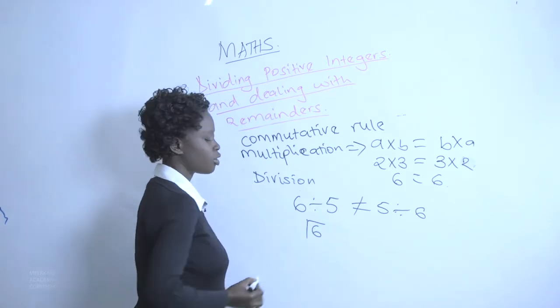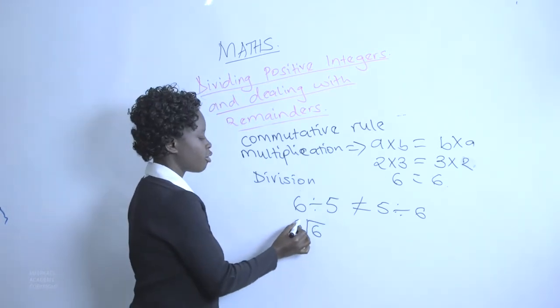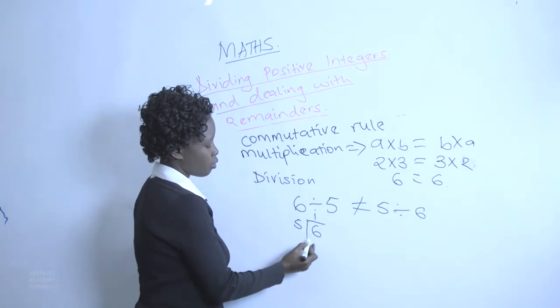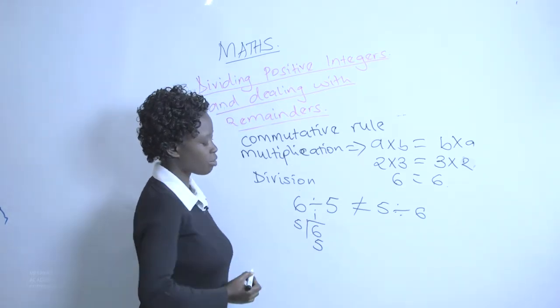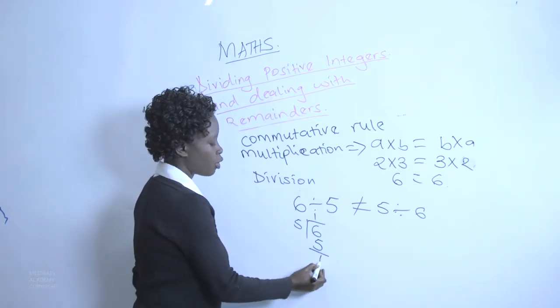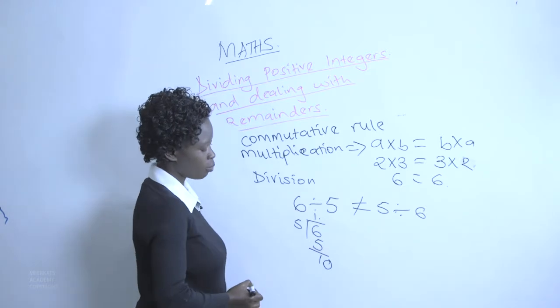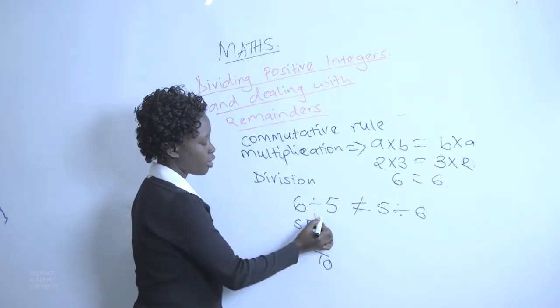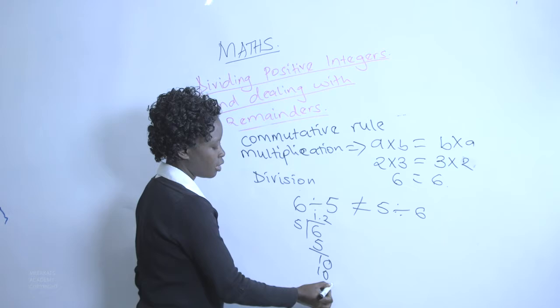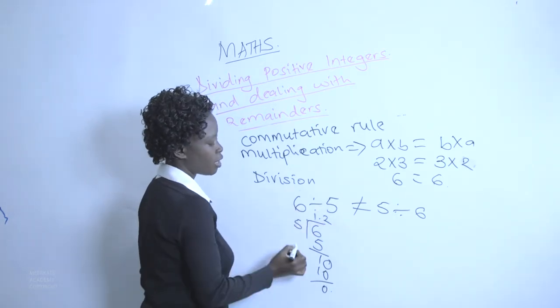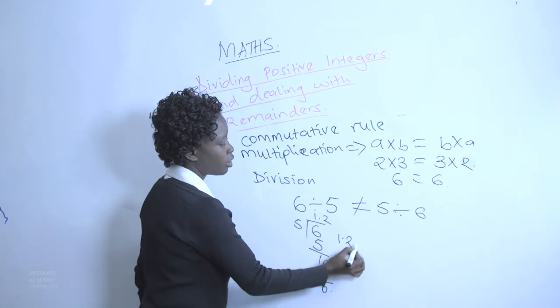When we look at the division process, then we have 5 into 6 is 1. Then we will get 1 times 5, that is 5. When we subtract, we get 0. So when I add a 0 and place a decimal point there, 5 goes into 10 2 times, so that we get 10. When we subtract, we have 0. So it simply means 6 divided by 5 is 1.2.